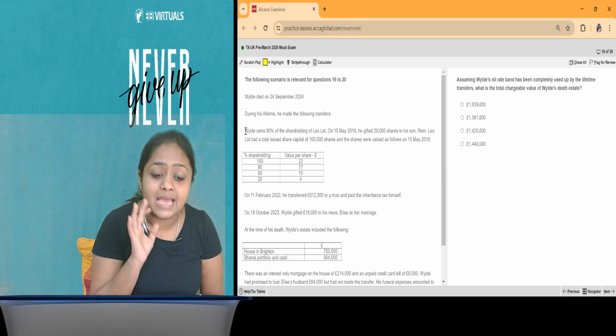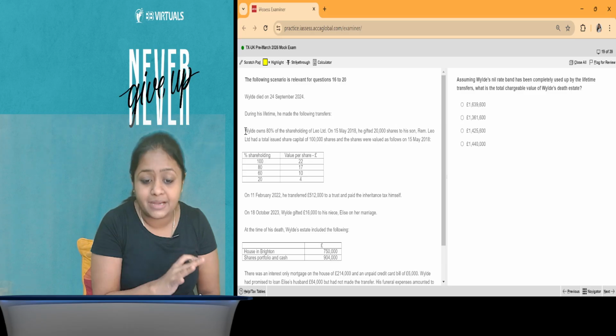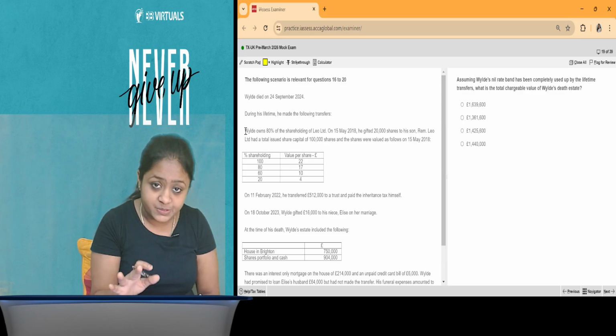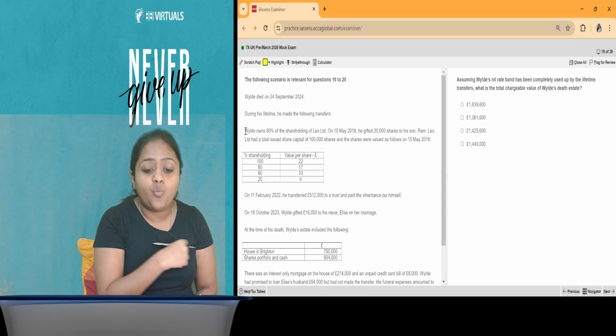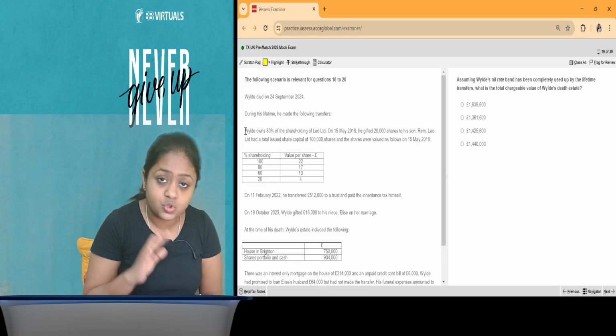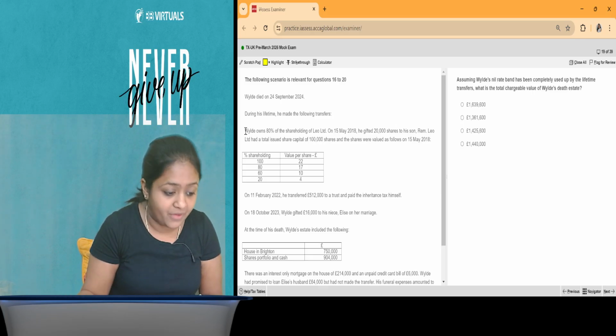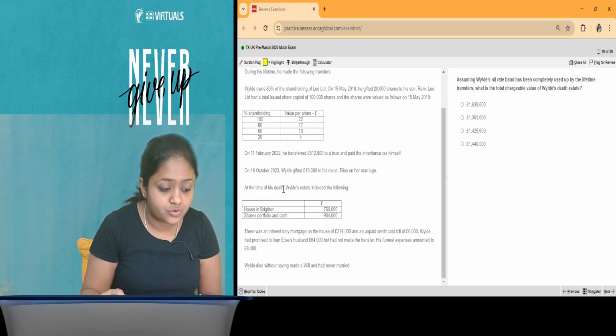Assuming Wilde's NRB, nil rate band, has been completely used up by the lifetime transfers, what is the total chargeable value of Wilde's death estate? So we just have to get the chargeable value. Now the detail is given to you here.